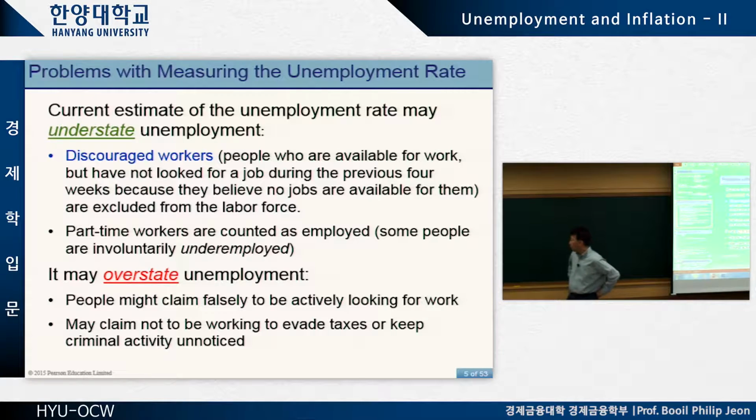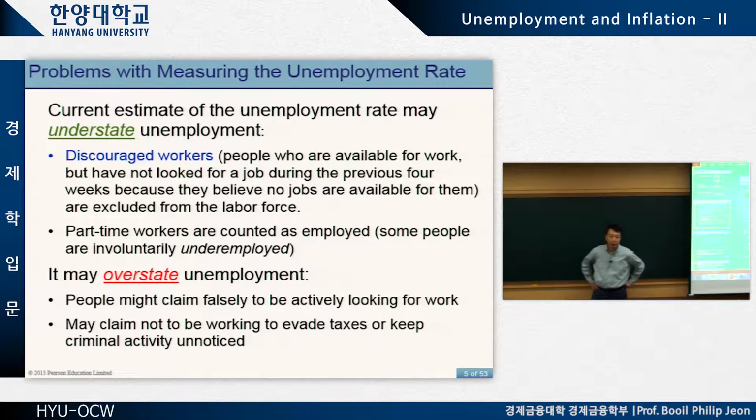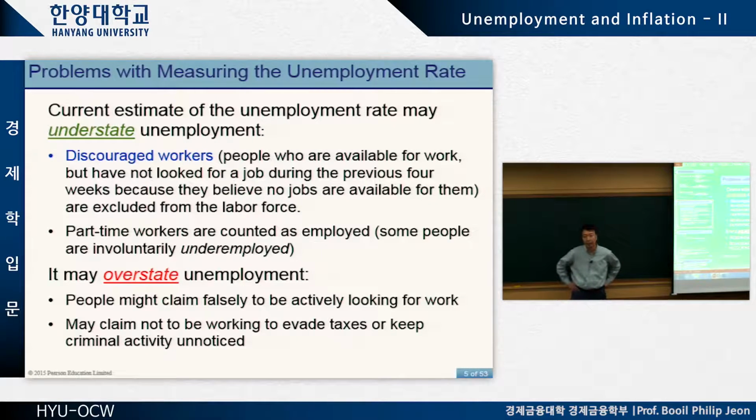So we talked about how we can calculate the actual unemployment rate. Remember, the unemployment rate is the number of unemployed people divided by the labor force, not by the entire population. That's the point you should remember about the unemployment rate. And the way we calculate the unemployment rate currently, there can be some problems.